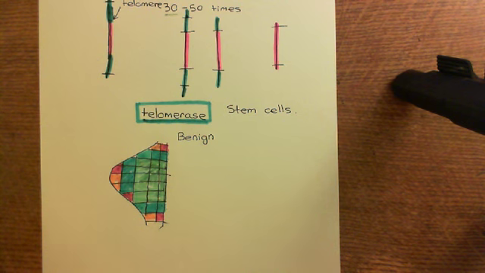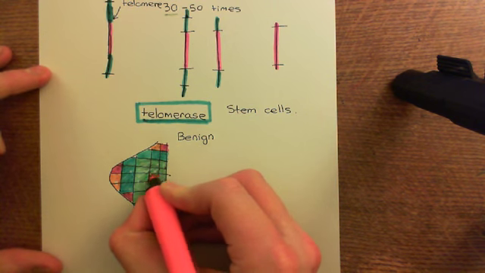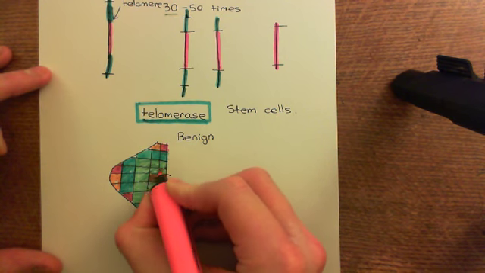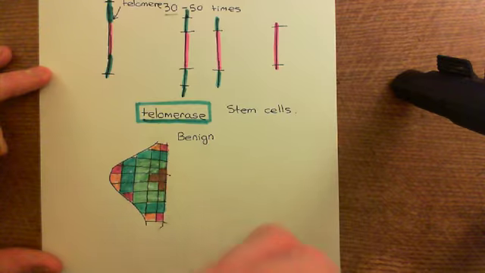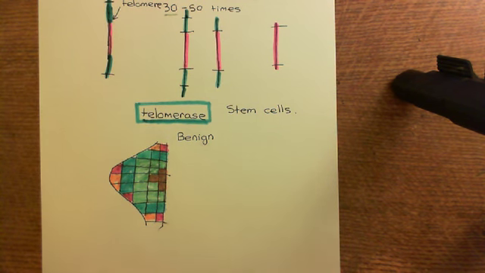Okay, so let's show this now. So we'll show this in red here. So we've got these new cells in red here, which now have acquired the invasiveness, basically. So remember, they might have lost some sort of cell adhesion molecule, so that they no longer have the cell-cell interactions or the cell matrix interactions that hold them in place.